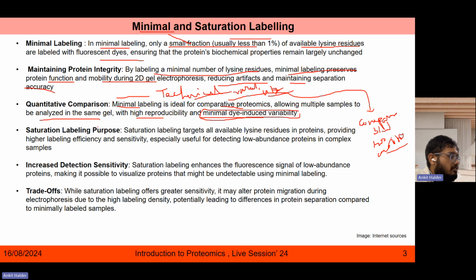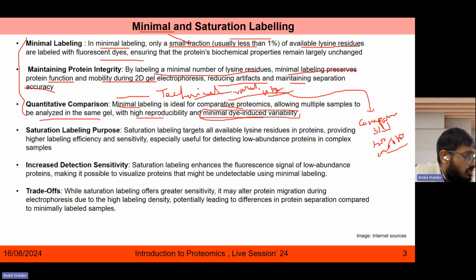Now saturation labeling. If everything is fine with minimal labeling and we should go ahead with only minimal labeling, then why are we being introduced to another term called saturation labeling, when minimal labeling can perform the best, can be very much ideal for this kind of experiment, does not alter protein properties, and does not induce any kind of technical variability and all those things?